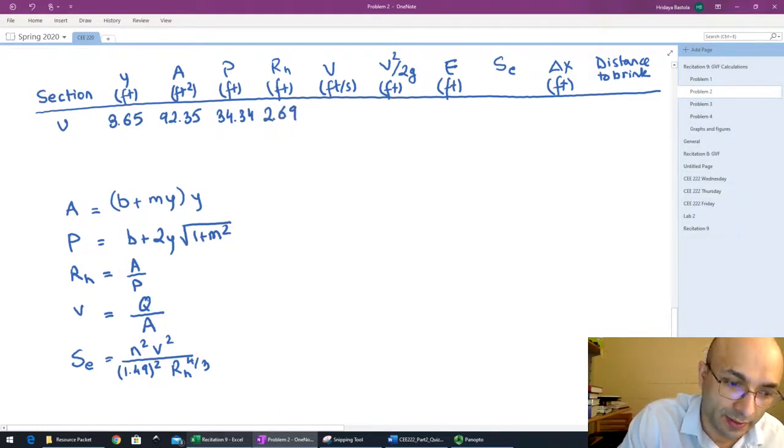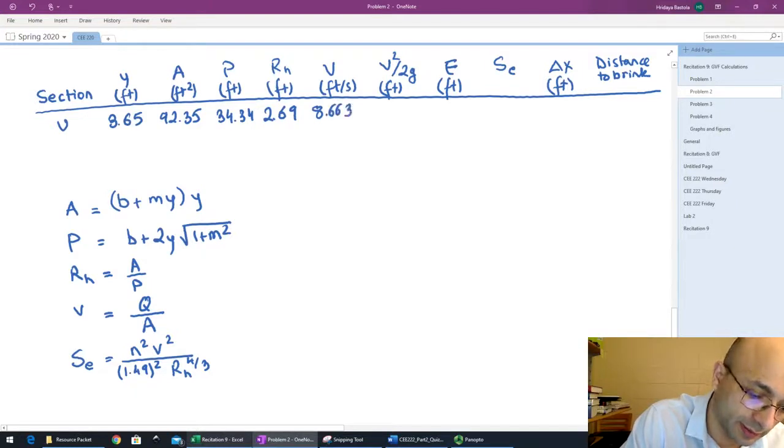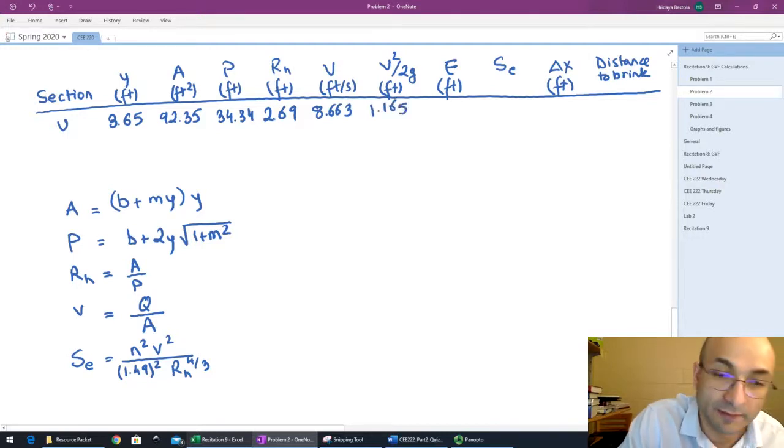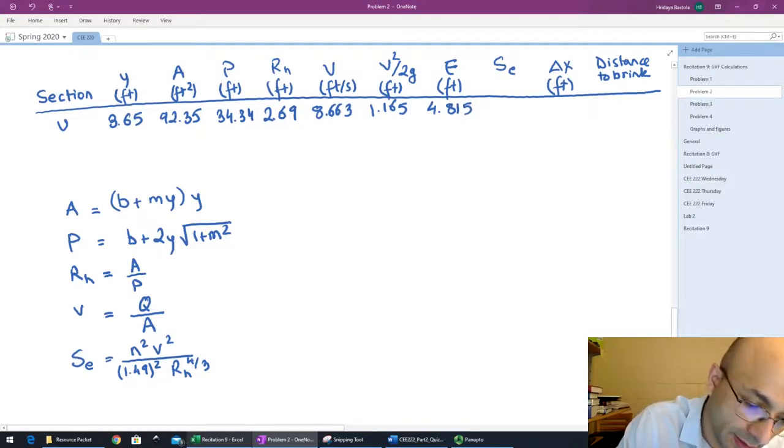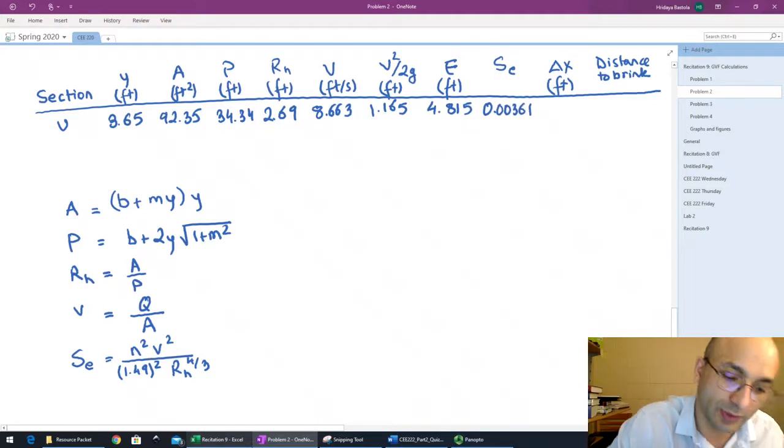Using the area and discharge provided, we can get the velocity. It comes out to 8.663. The velocity head then becomes 1.165. The specific energy then can be calculated to be 4.815, and SE is going to be equal to 0.00361.